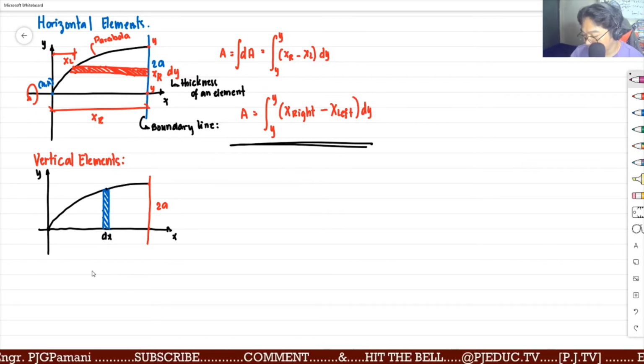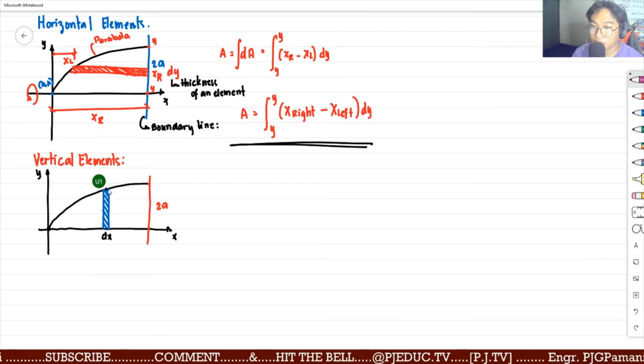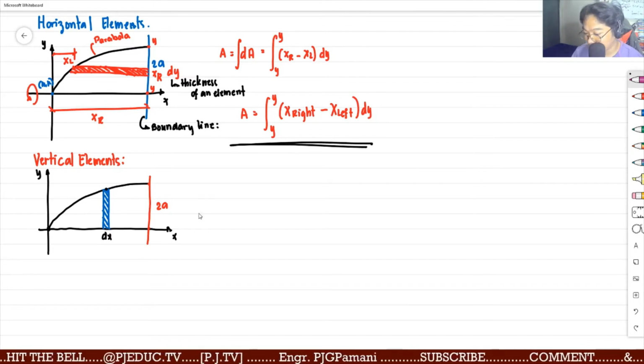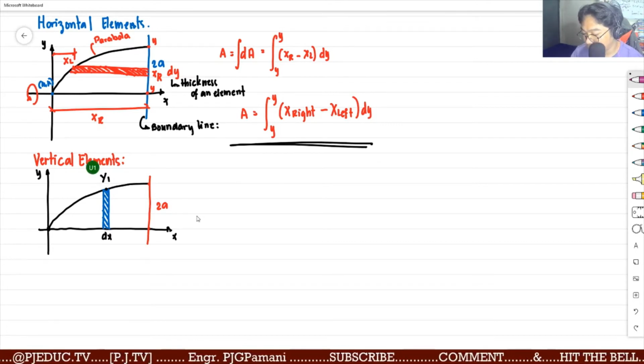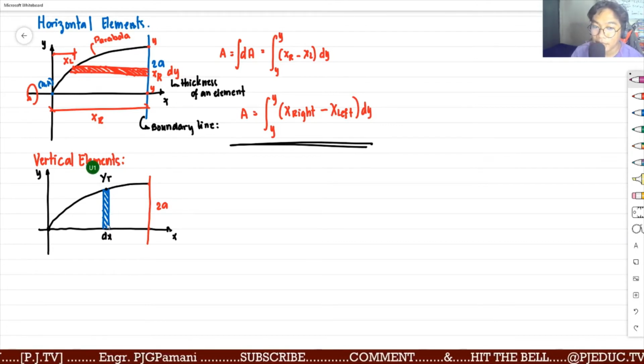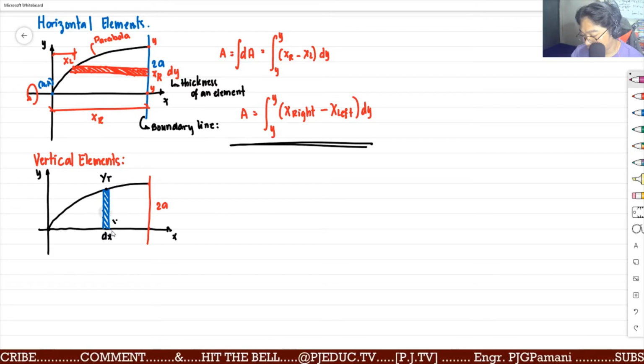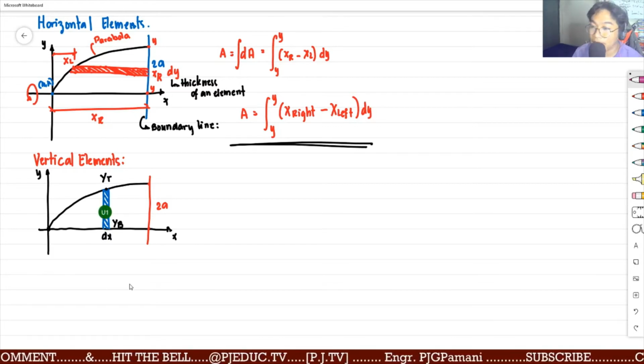Then, the point at which the upper corner of the strip touches the curve is the section where we have defined our curve. Consider that as your y top. And the point where the strip touches below is our equation for y bottom.